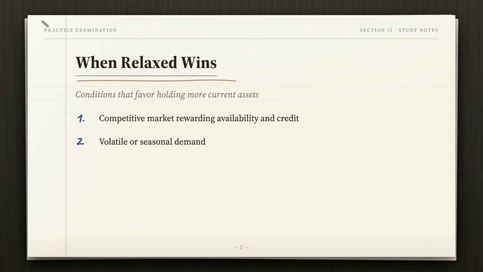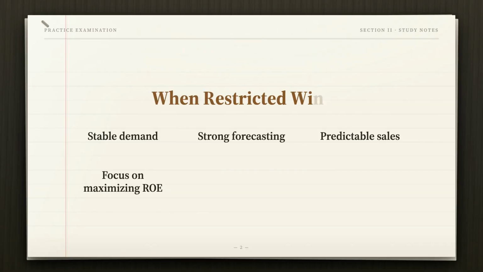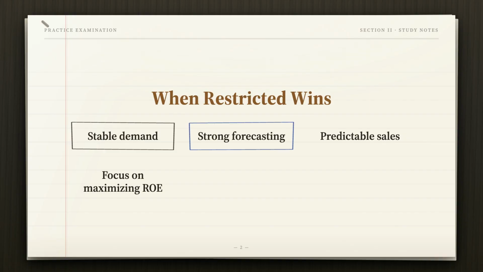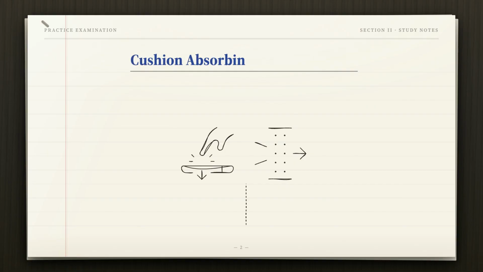In a competitive market, or when demand is volatile and seasonal, extra inventory and liquidity act as a cushion against lost sales. The opposite conditions favor restriction: highly predictable demand, strong forecasting, and a management team focused single-mindedly on maximizing return on equity reduce the need for a cushion, making a leaner asset base the sound choice.